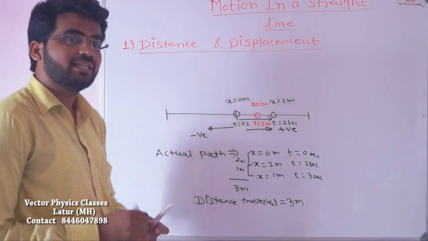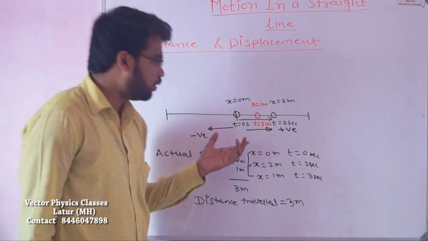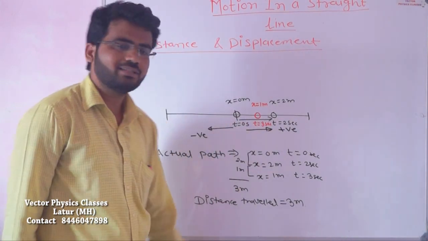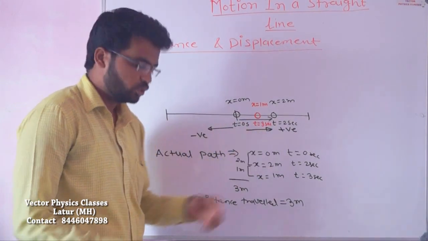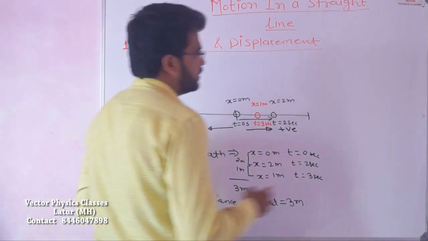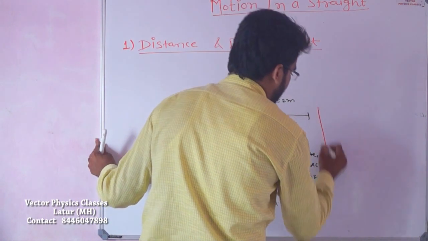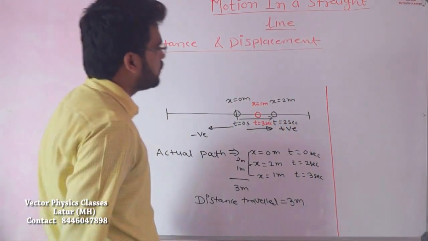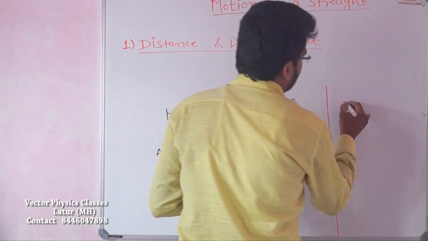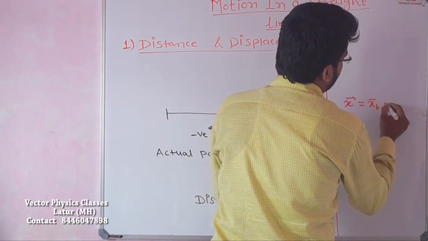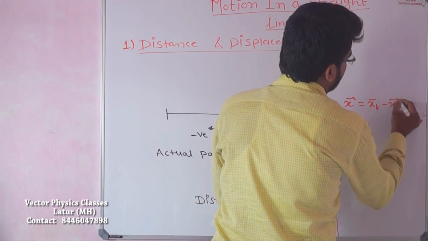And what about displacement? Displacement of object from initial position to final position. Final position is t is equal to 3 seconds. So displacement is the shortest distance between the 2 points, and x bar is equal to final position minus initial position, right?